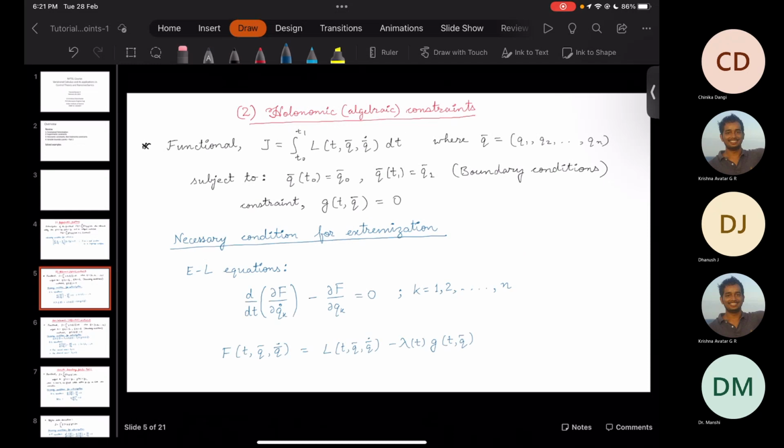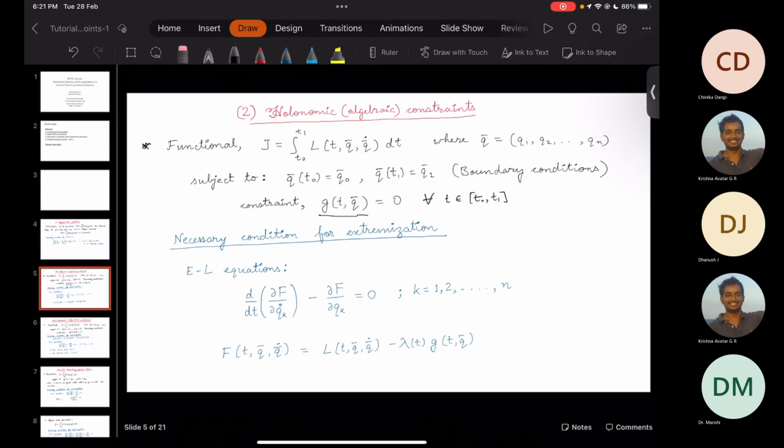The thing is, in holonomic constraints and also in non-holonomic constraints, we have to ensure that we meet this criteria at every point of the domain. So we have to satisfy this condition for all t lying in the interval t0 to t1.